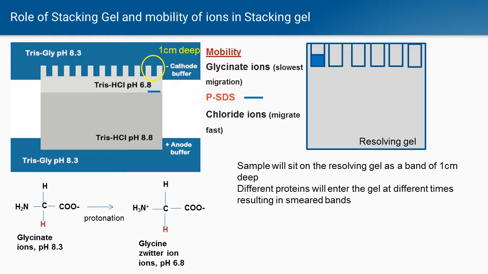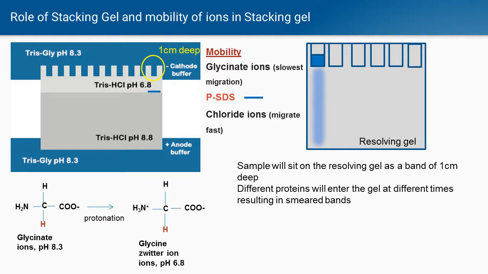It will not be a tight band. A single tight band is not there. All the polypeptides of different molecular size will sit as a band of 1 centimeter, which is of course very thick. So different polypeptides are going to enter at different times. This will result in the formation of a smear, and we don't want it.